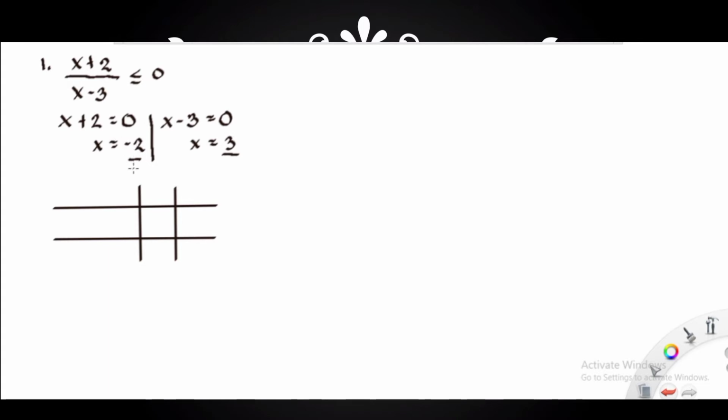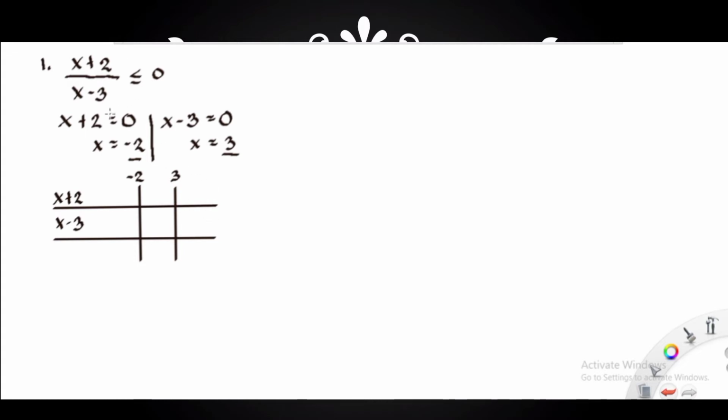So we are going to write first negative 2 followed by positive 3. And on this side of this illustration, isusulat naman natin yung numerator and the denominator. So, we have here x plus 2 and x minus 3 in any order.